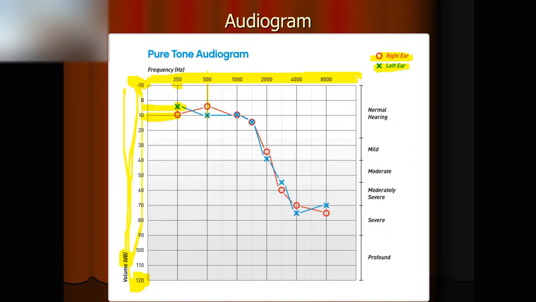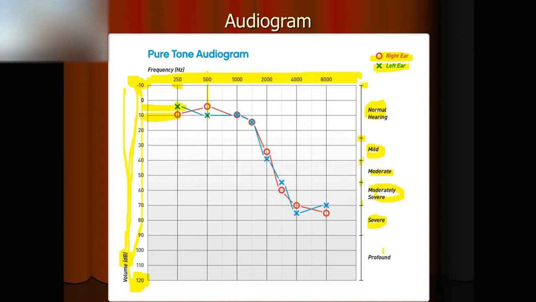If an ear is between minus 10 and 25 dB, we call it normal. If it's between 25 and 40, we call it mild hearing loss. 40 to 55, moderate hearing loss. 55 to 70, moderately severe. 70 to 90, severe hearing loss.